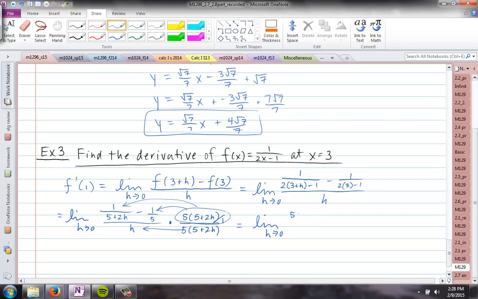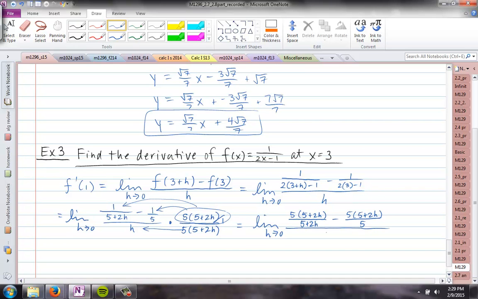So what we get here is 5 parentheses 5 plus 2h times 1, so I'm not going to bother to write that in, and then that was over 5 plus 2h, minus the 1 times on top, 5 times 5 plus 2h, and then that's all over 5.